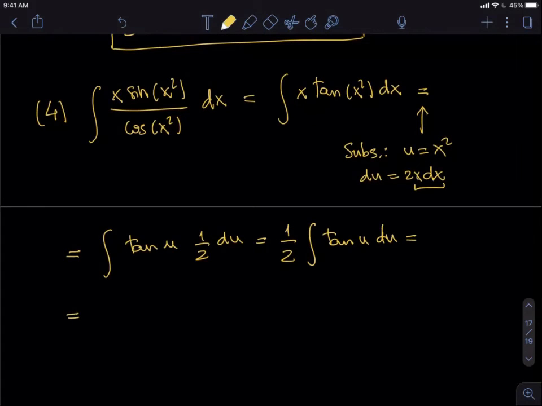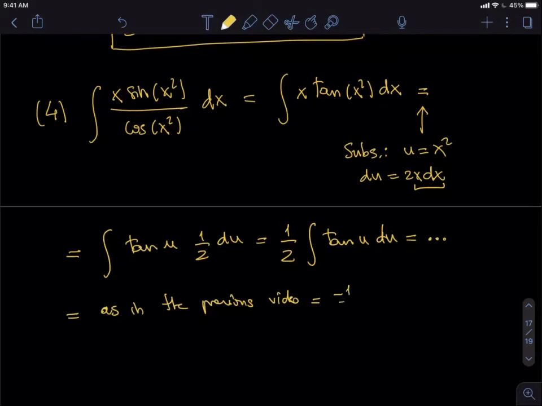I leave the computation for you, as in the previous video. We get negative 1/2 logarithm of the cosine of u plus c. And then we substitute back: negative 1/2 logarithm of the cosine of x squared plus c.